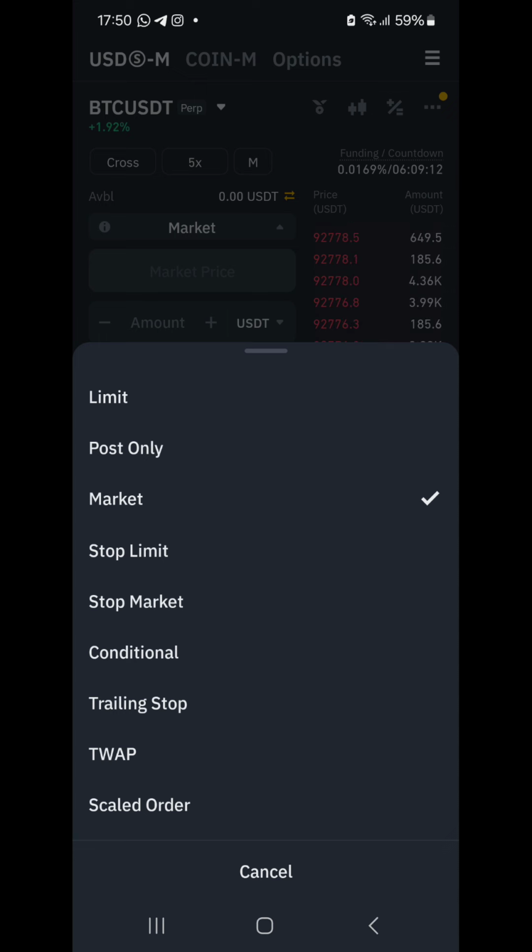So you want to sell Bitcoin if it drops below 29,000, but you want to sell at 29,800 or better. You set the stop price at 29,000 and the limit price at 28,800.